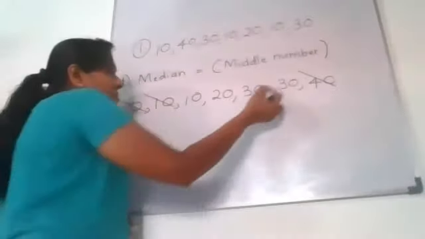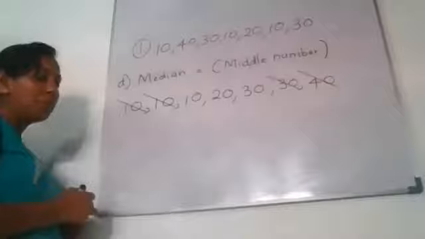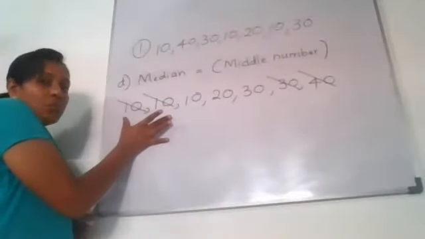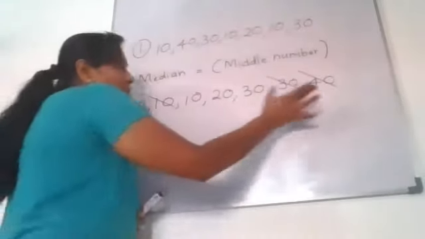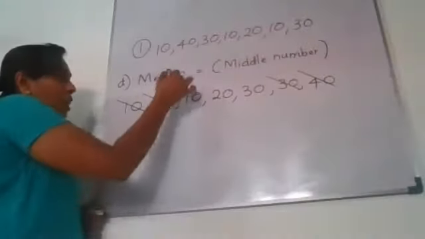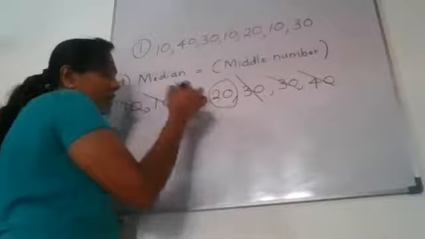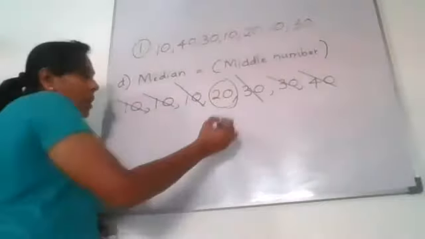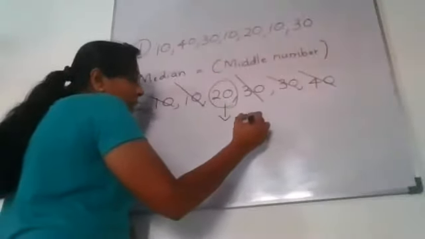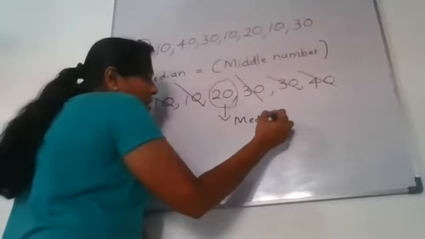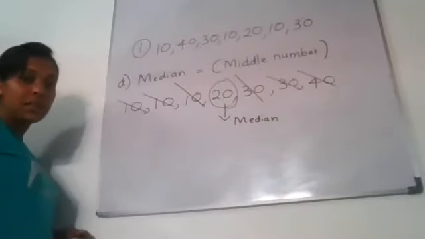Again, one from front and one from back. Up to here, I have cut two numbers from front and two numbers from back. Now again, I'm going to cut one from here and one from here. So then I will get exactly the middle number. So this will be my median, right? So that is called the first method.